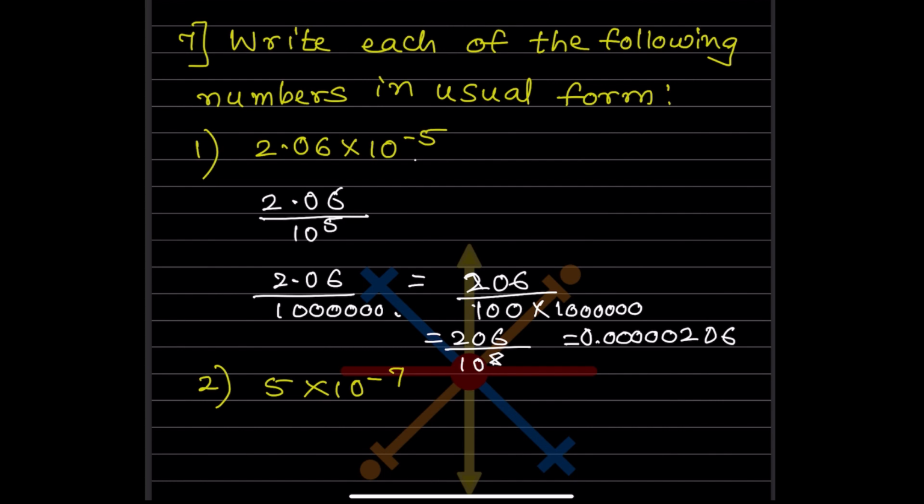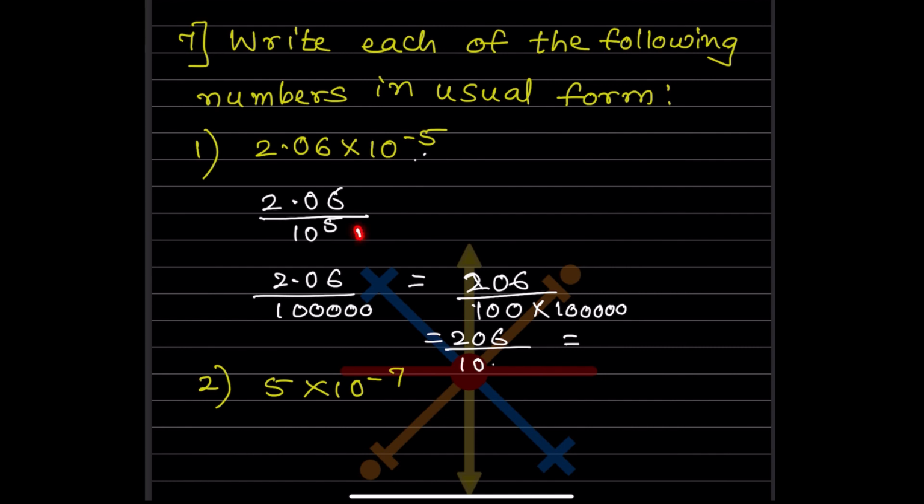So let us check once again. This is 10 raised to 5. Sorry, this will be 5 into 7. How many zeros do we have? This is 5. We have put one extra 0 over here, 3, 4, 5. Sorry for that. So this number is going to change.